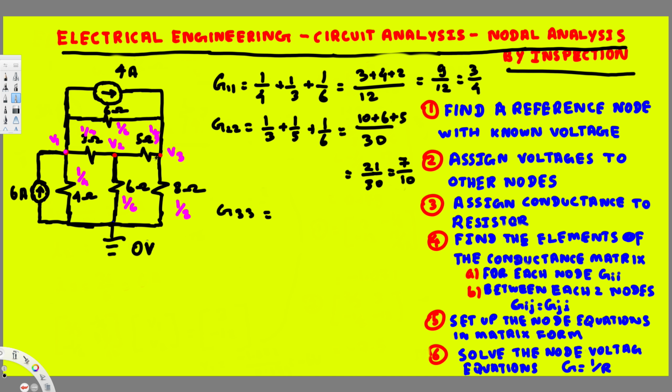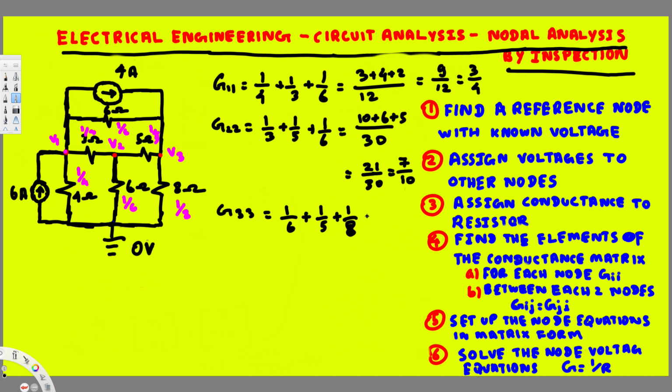Let's look at the next part, G33. We have to look at the conductances connected with voltage 3. 8 ohm is connected, 5 ohm is connected, and this 6 ohm is also connected. So this is going to be 1 over 6 plus 1 over 5 plus 1 over 8. Let's look at the common denominator. 8 times 5 is 40, 40 times 3 is 120.